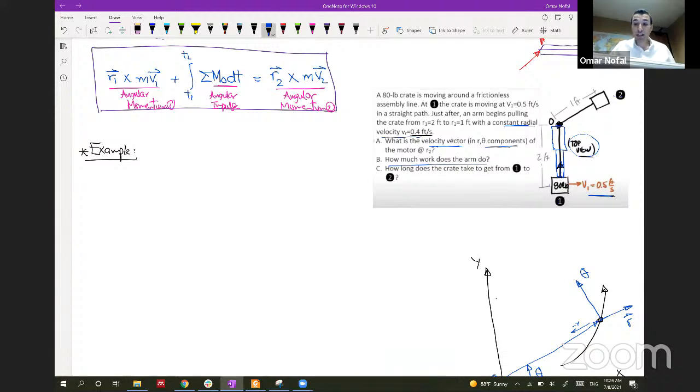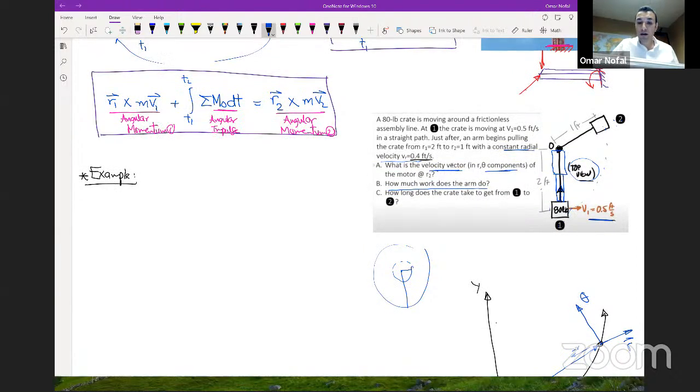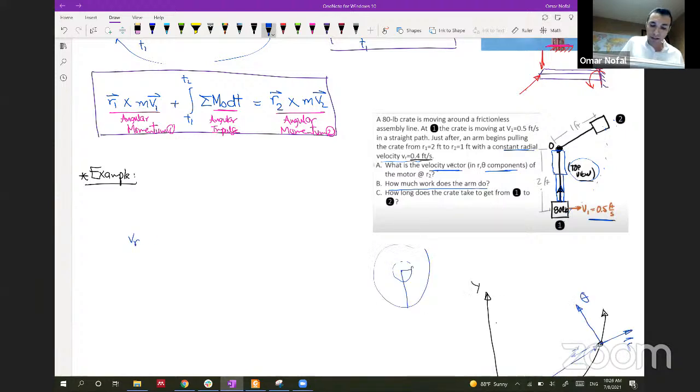You can get the change in the velocity, and you will have to know how much distance. It would be a very complicated problem if you look at the distance on this side, because it is not a circle. It starts with R and ends up with a different R. So it would be a very difficult problem. But what's given here is VR, it's 0.4 as a magnitude, feet per second.